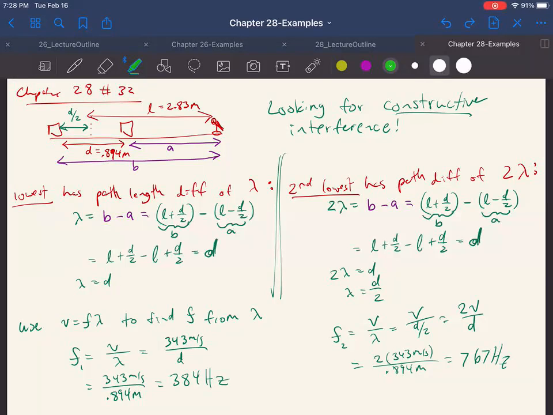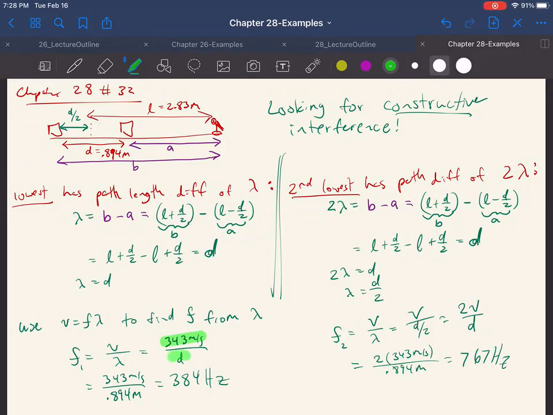So we come down here and we use V equals F lambda, that's our velocity equals frequency times wavelength, to find the frequency from the wavelength. So our lowest frequency corresponds to our longest wavelength right here, which is that distance D, because it's in the denominator. They are inversely proportional to each other. And so the speed of sound is 343 meters per second.